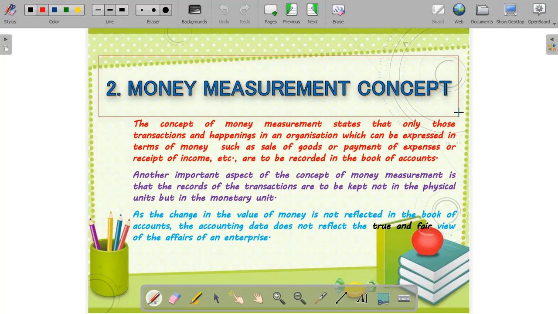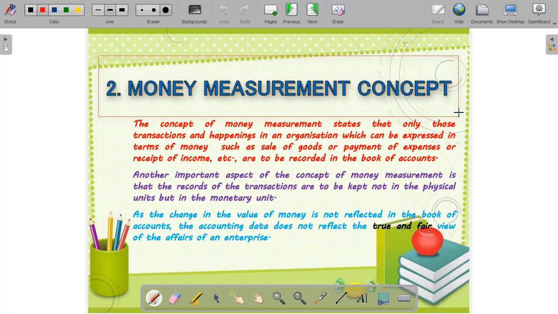Then the second accounting principle is the money measurement concept, which is also known as the money measurement principle. According to this principle, only those transactions and events are recorded in the books which are capable of being expressed in terms of money.